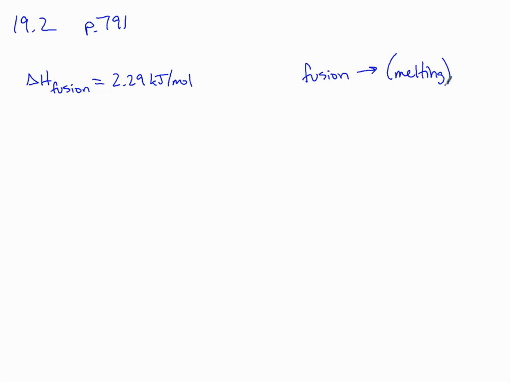We are absorbing this much energy to make this melt. That's what heat of fusion is. It takes 2.29 kilojoules per mole coming in, it's positive, in order to make this thing melt. So that's the first thing.